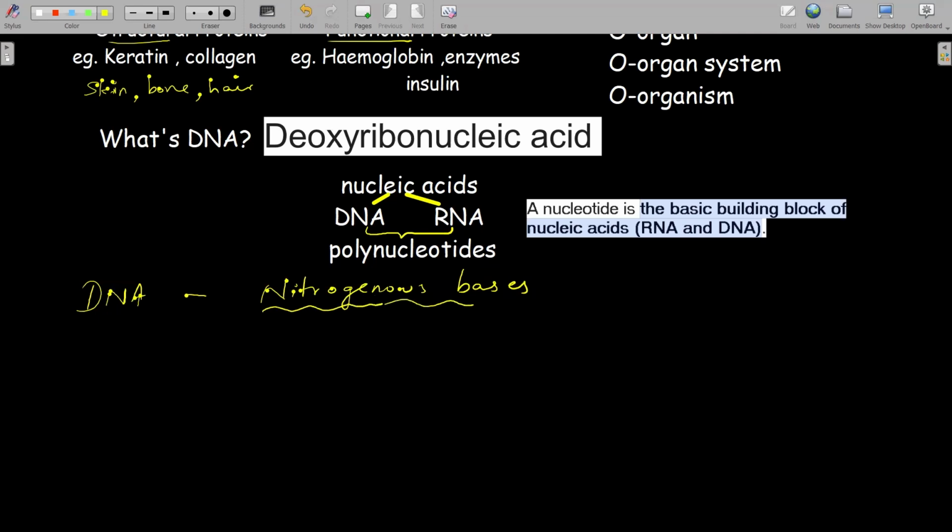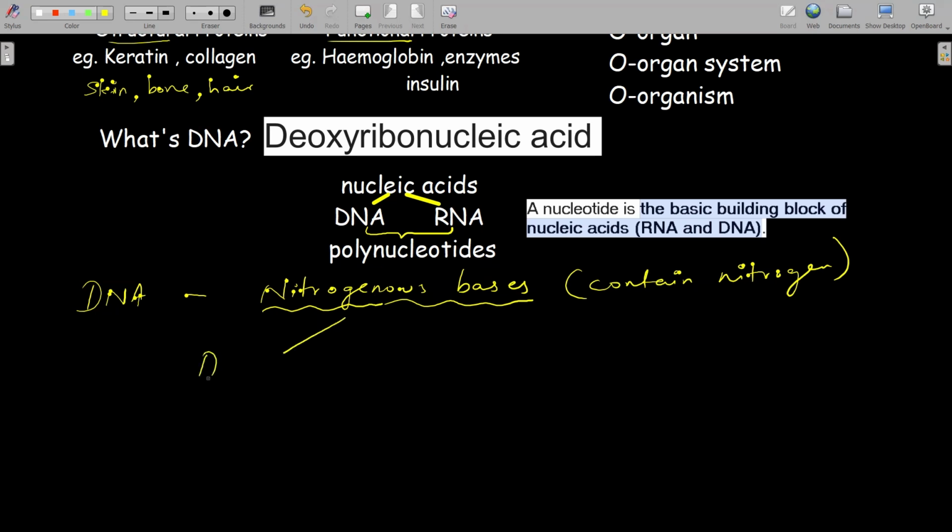These bases actually contain nitrogen. They are carbon rings which have nitrogen. So what are the different types of nitrogenous bases?